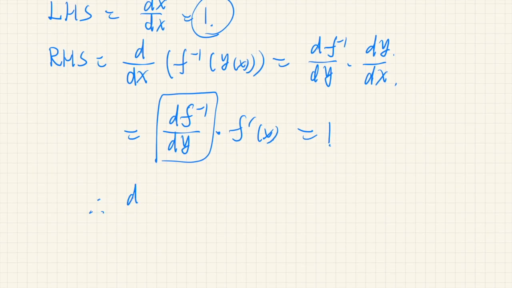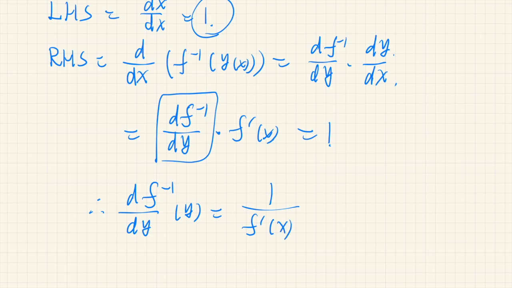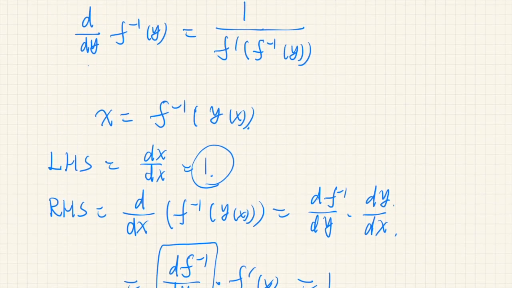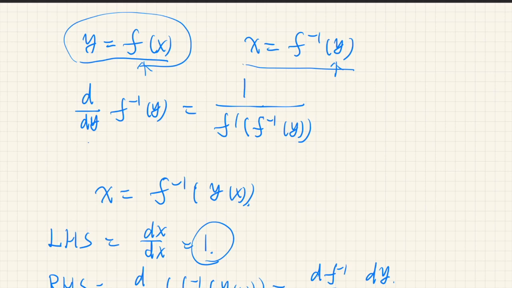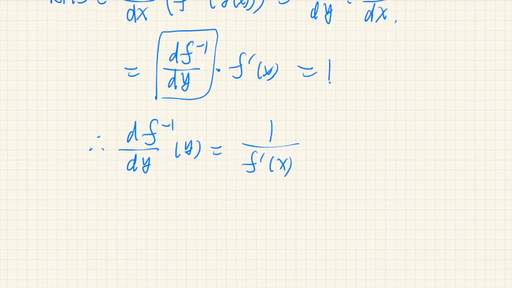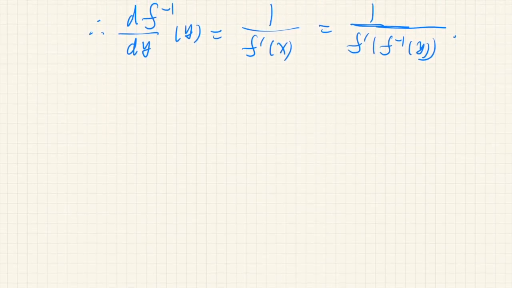Therefore, the derivative of f inverse with respect to y is equal to 1 over f prime of x. But x is equal to this. So we have 1 over f prime of f inverse of y. And that's it.